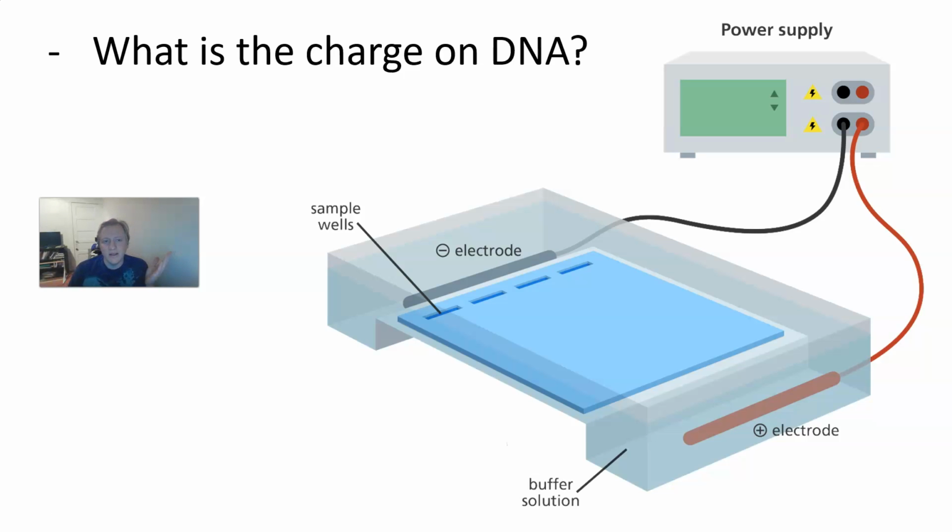You could think of it like that. And so based on the size of the DNA, it's going to travel through this obstacle course at different rates. And so the smaller, quicker, faster DNA is going to be able to move more fast through this gel. And so your smaller bands of DNA are going to be down here. Your larger bands are going to be up here.